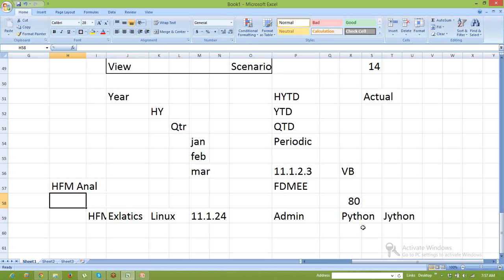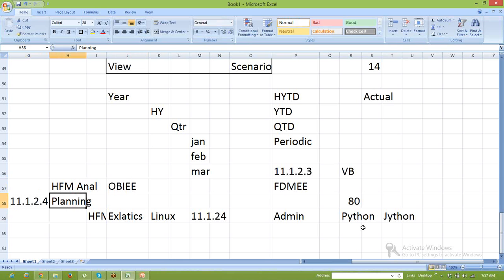Yeah, HFM analytics and planning analytics are different. HFM analytics is integrated with OBI systems. HFM analytics has been introduced in the old version. Planning analytics has been introduced in 11.124. Got it.